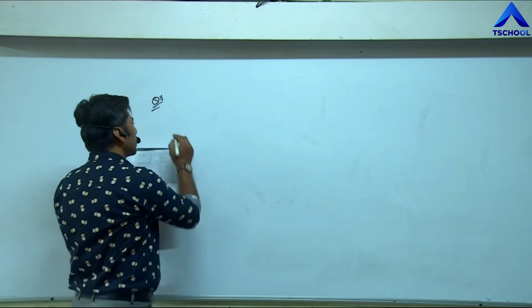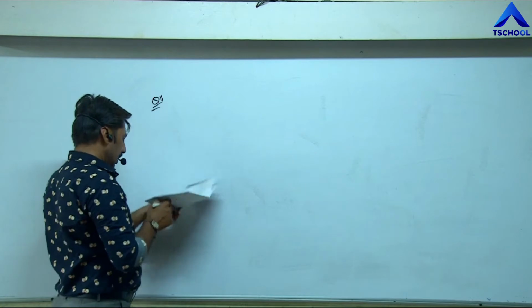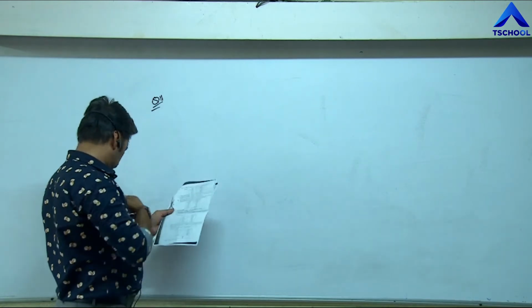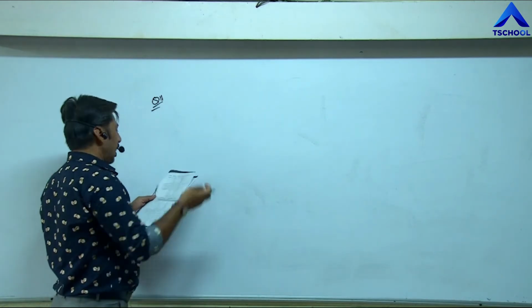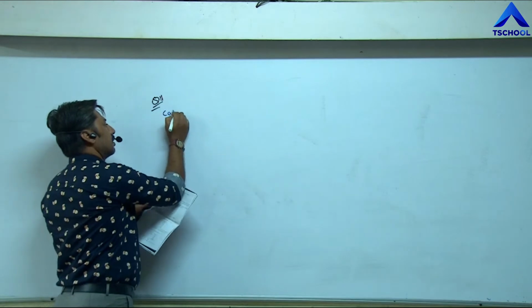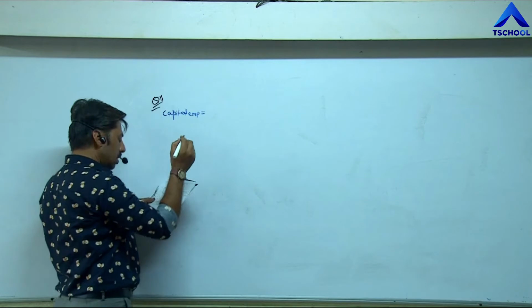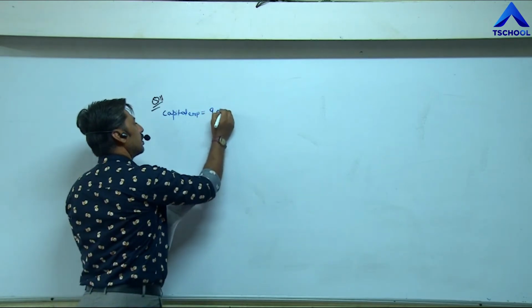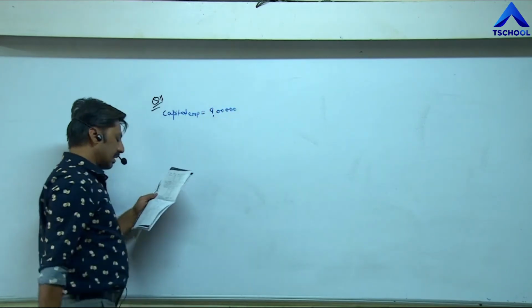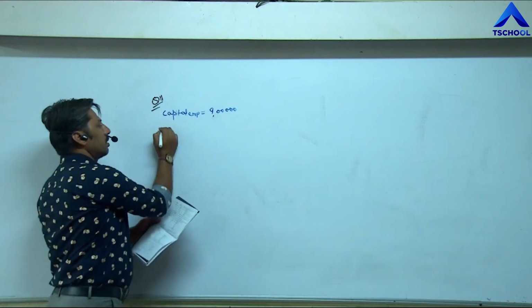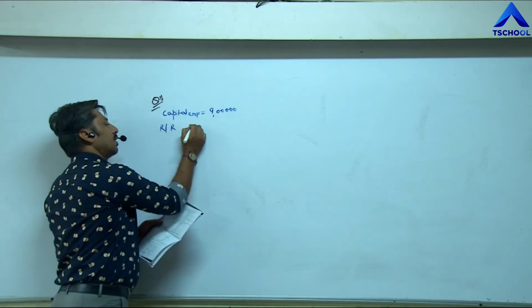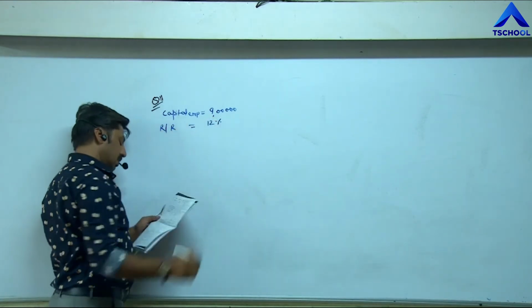Now capital employed is given. Capital employed is equal to 9 lakh rupees. Second, expected rate of return is equal to 12%.